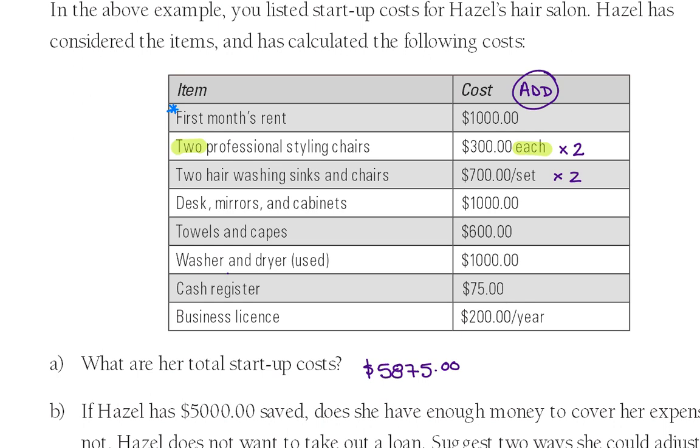And the business license is going to be a recurring yearly expense. And other than that, everything else is there.